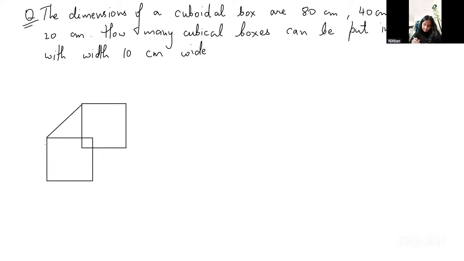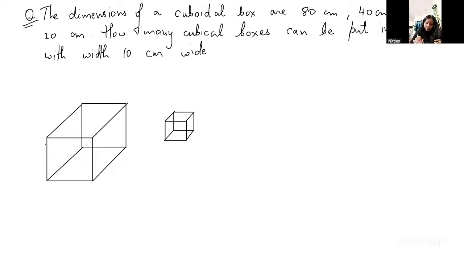But just understand it first. Stop writing and understand the question. This is my cuboidal box, and I'm making a cube also. This is my cube box.